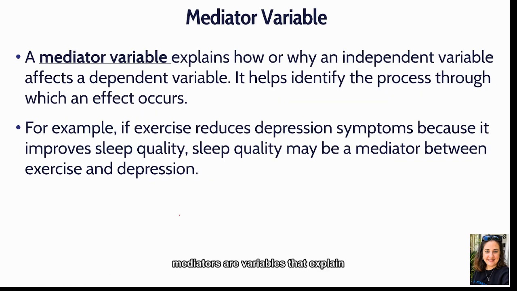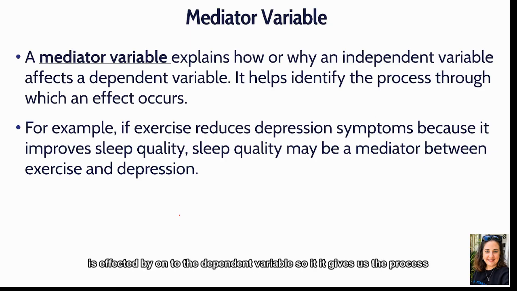Mediators are variables that explain how or why the independent variable is affecting the dependent variable. So it gives us the process by which that effect is occurring. So the example in this particular slide is about exercise, and it says if exercise reduces depression symptoms, it might actually be helping you sleep better.